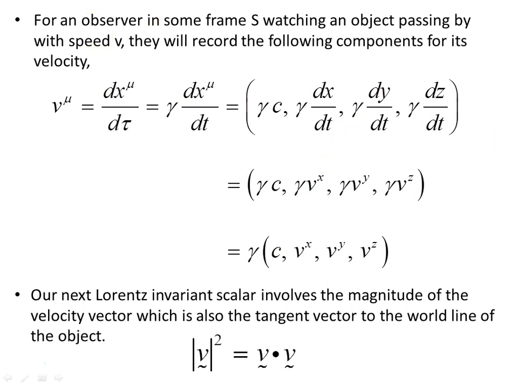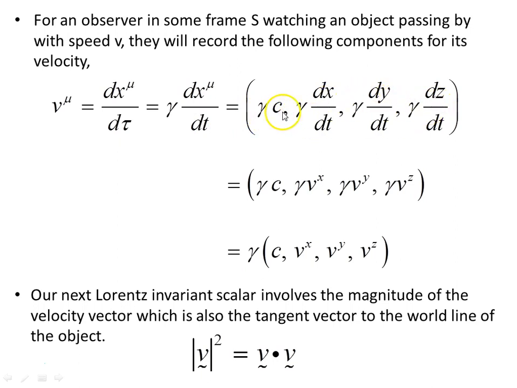Alright, now for an observer in some frame S watching an object passing by with speed v, they will record the following components for its velocity. So an observer in frame S looks up and sees an object passing by and will ascribe to that object the velocity components gamma times dx mu dt, this object here.